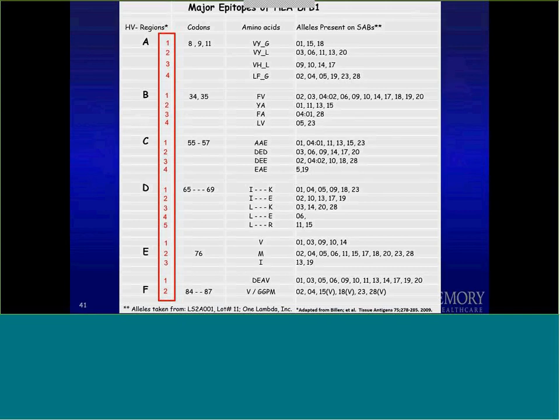So we see there are basically 4 different variants of the hypervariable region A, and there are 4 different variants of B, 4 different variants of C, etc. And those variants are listed in the 3rd column, where the amino acid polymorphisms reside. And the 4th column is what beads are represented by those particular polymorphisms.